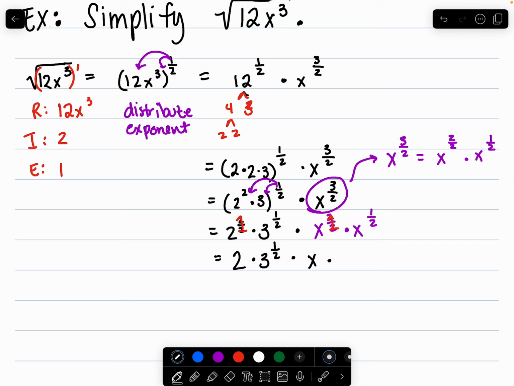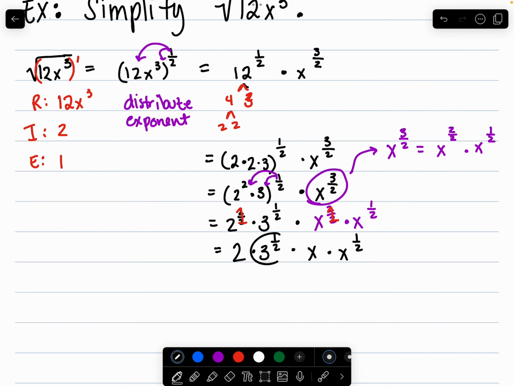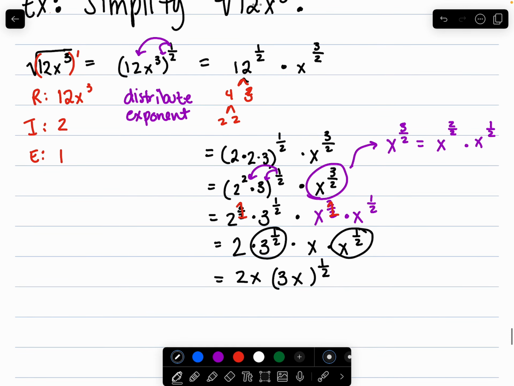This is x times x to the 1/2. Okay, and then you combine these two together. So it becomes 2x, right? This is 2x, they don't have any more exponent. And then you combine the exponents here and go backwards again. 2x times 3x to the 1/2, which is 2x square root of 3x.